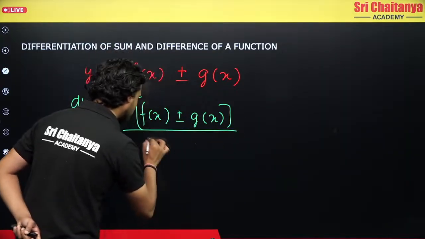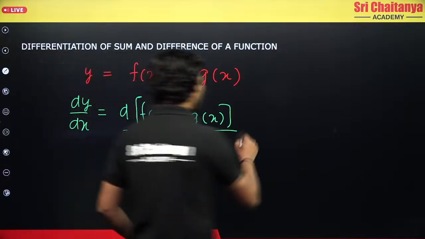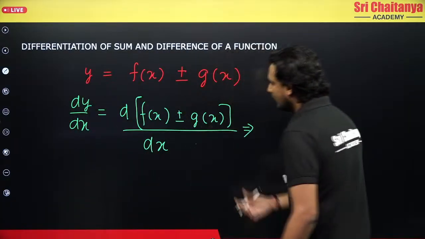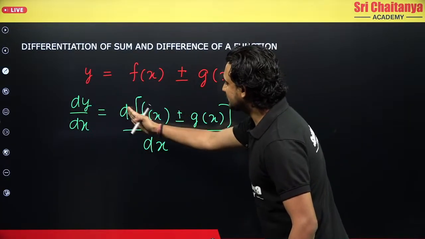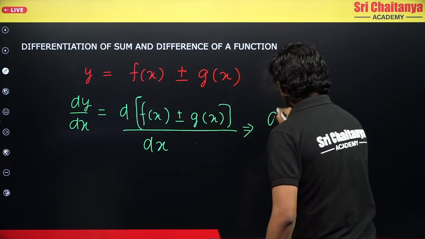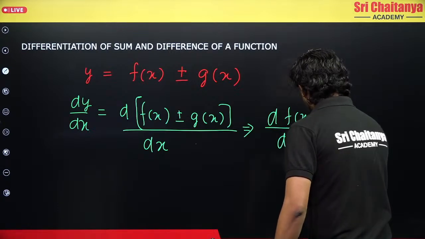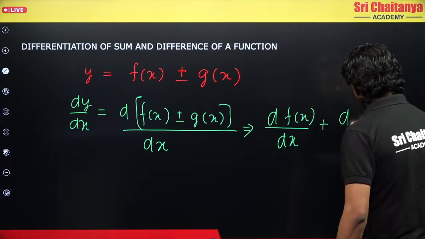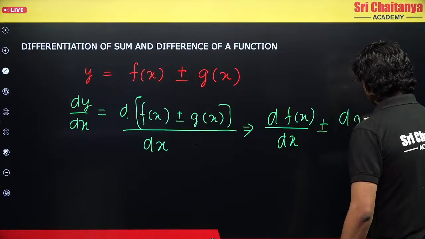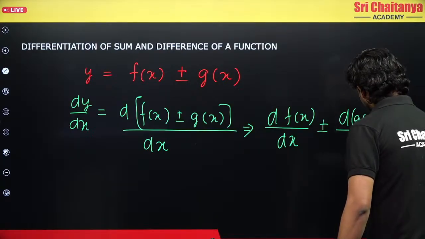Why with respect to x? Because here my input variable is x, correct? So in this case, I apply the differentiation on both of them individually. I will say differentiation of f(x) with respect to x plus differentiation of g(x) with respect to x.